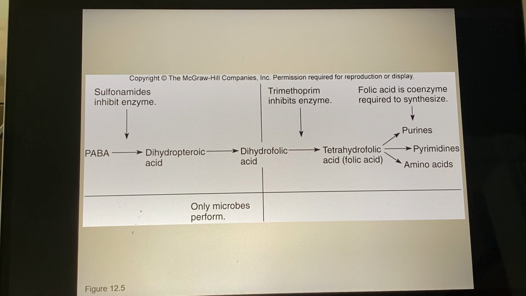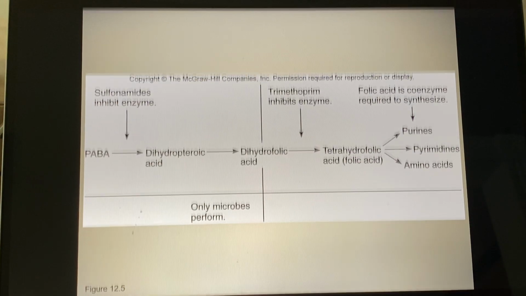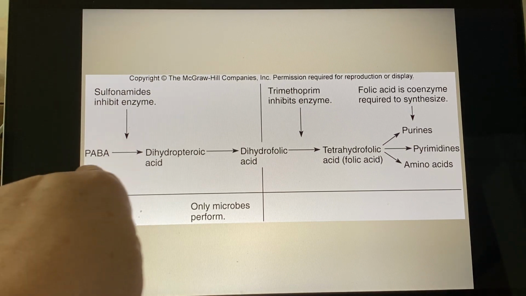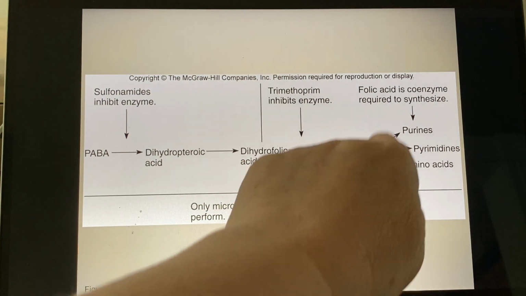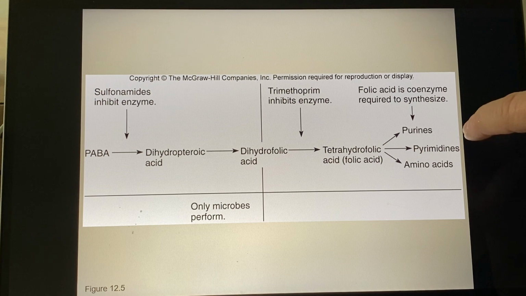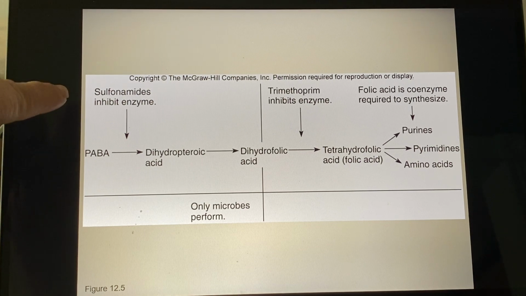All I want you to see is that this is a perfect example of bacterial resistance. This was the pathway for bacteria to make amino acids, and these refer to the A's, G's, C's, and T's, and U's, whose fancy names are purines and pyrimidines. So this is what sulfa drugs do.